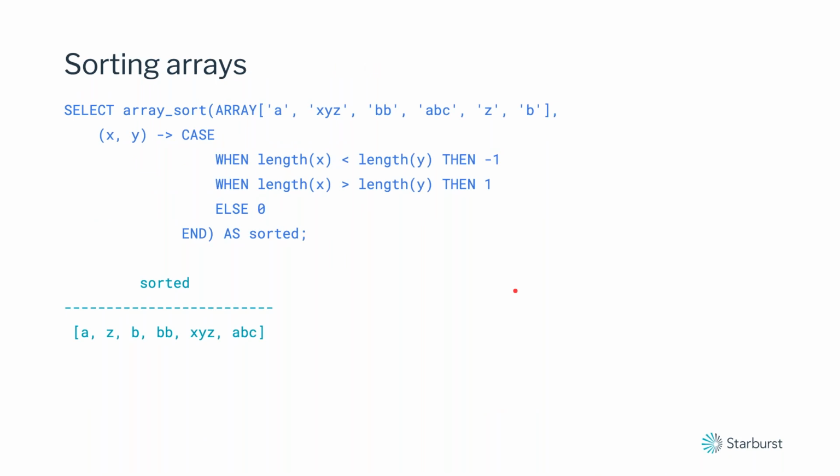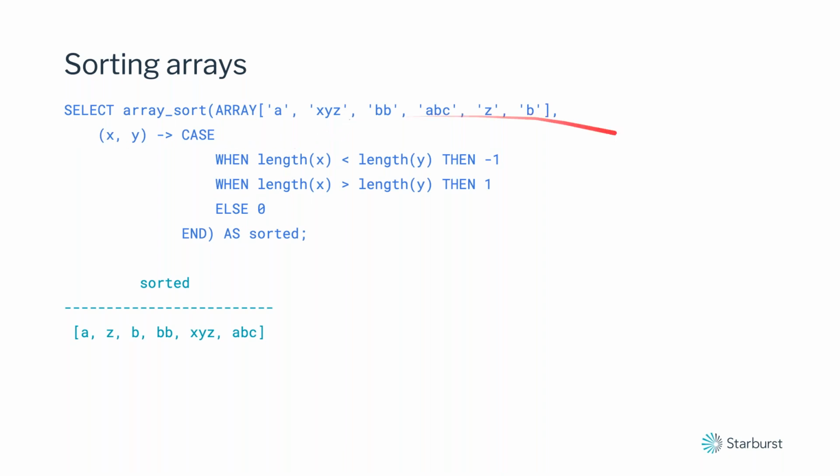One thing you might want to do is sort an array. As we saw previously with lambda functions, we can use the array_sort function to perform arbitrary sorting on an array using our own logic. Let's say we have an array of strings, and we want to sort that array based on the length of the string. So we have our lambda function that takes 2 elements to compare.